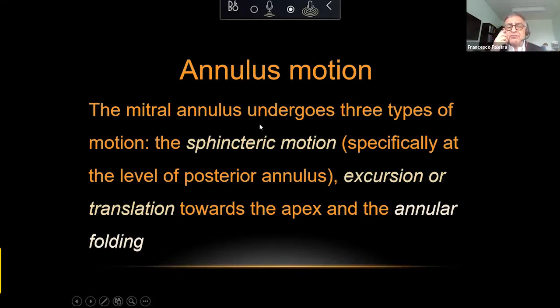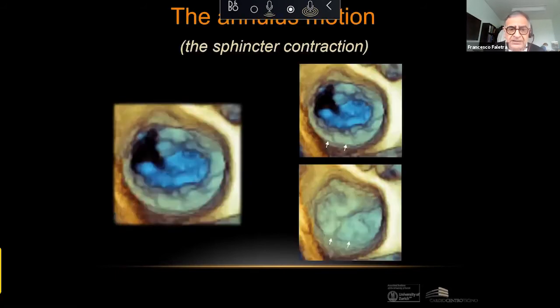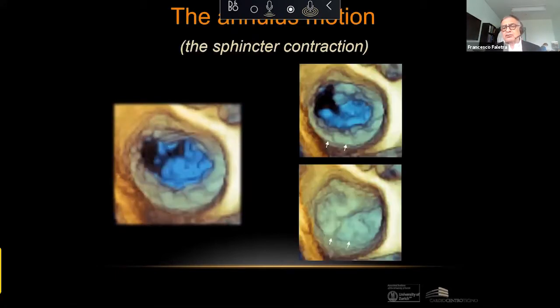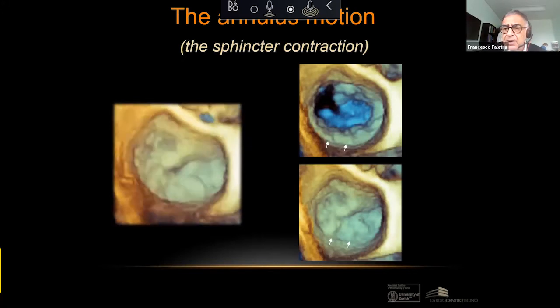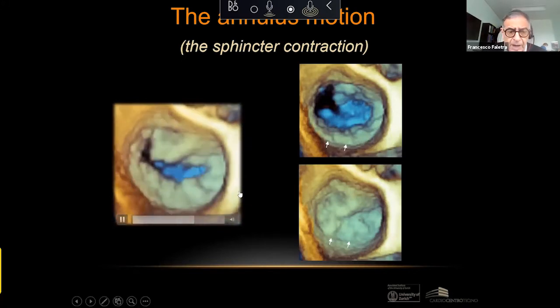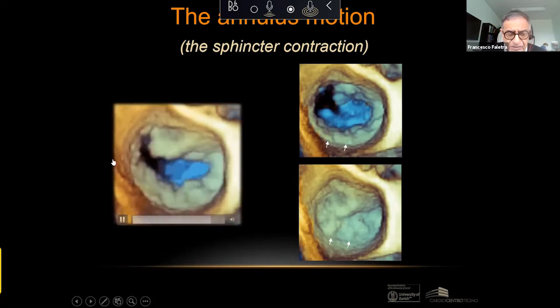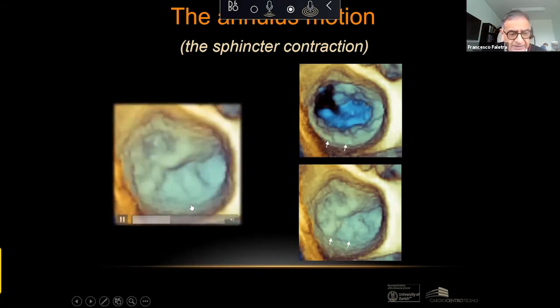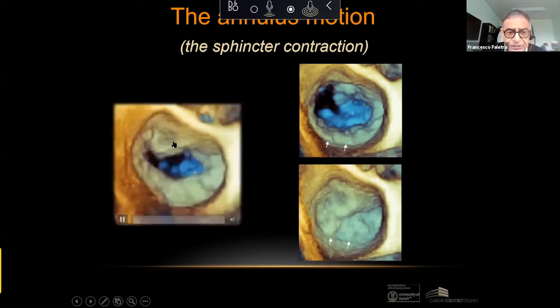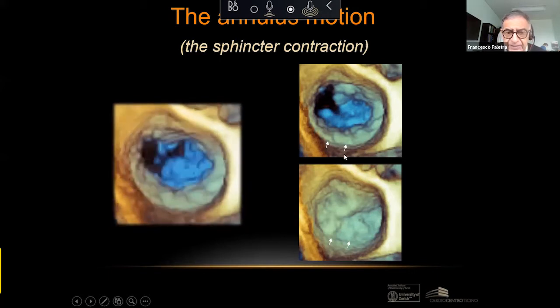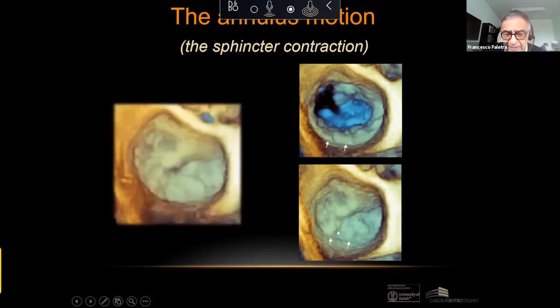So the mitral annulus undergoes three types of motion: sphincteric motion, excursion and translation towards the apex, and annular folding. We will see this sphincteric motion, which you can see very well with 3D echo. Here you can see the hinge line of the posterior mitral leaflet, and the line is pushed anteriorly. This is diastole, this is systole.